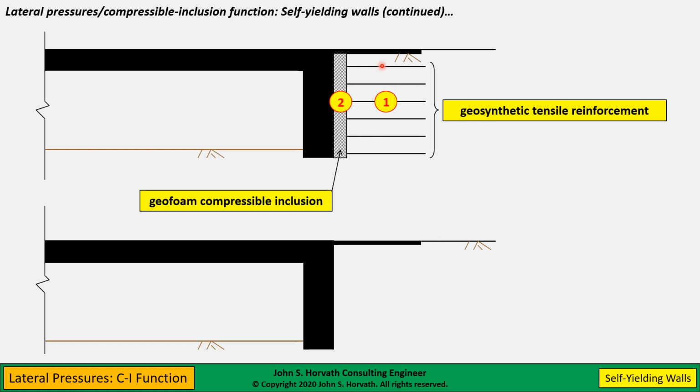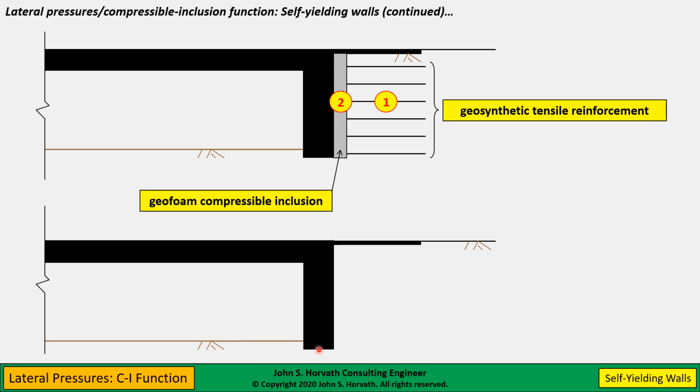So this is in a sense a ZEP wall application. Except in this case, the ZEP wall application is really to allow this retained soil to be self-stabilizing, and the compressible inclusion has the added benefit of acting as an expansion joint to handle the seasonal expansion and contraction of the abutment.